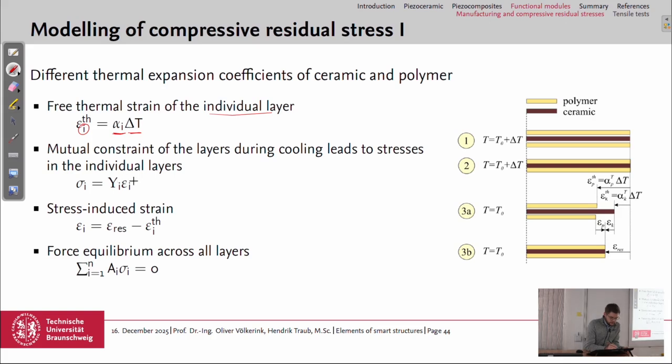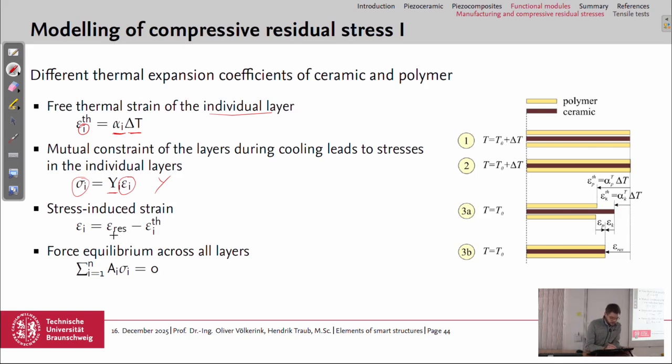And this thermal strain would result, with the Young's modulus, which is not E in our case but epsilon, in this residual stress.